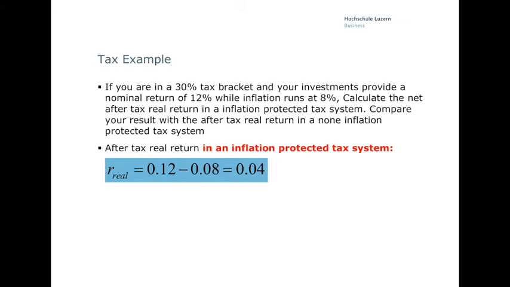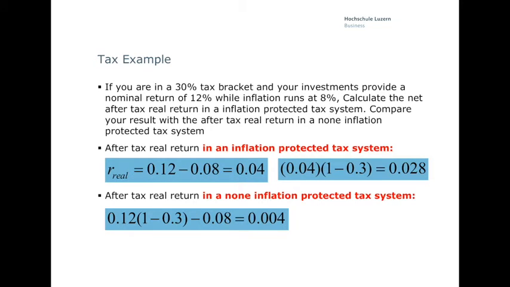The after-tax real return in an inflation-protected tax system is calculated as follows. First, calculate the real rate of return simply by using the nominal return minus the inflation return, which is 4%, and then subtract the tax. So what you're left with is the 4% real rate times 1 minus the tax rate, equaling 2.8%.